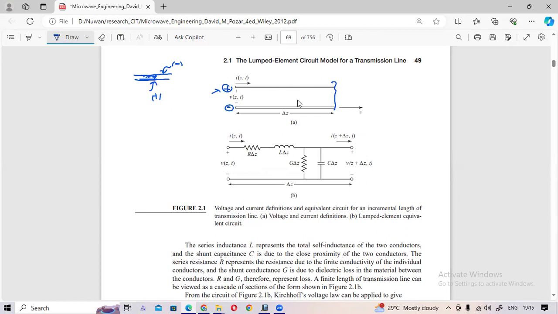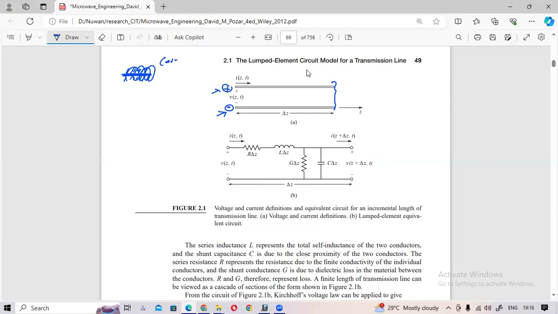In a coaxial cable, the outer conductor is a mesh. The inner conductor is just a normal copper cable, then a dielectric medium, and around this a copper mesh.